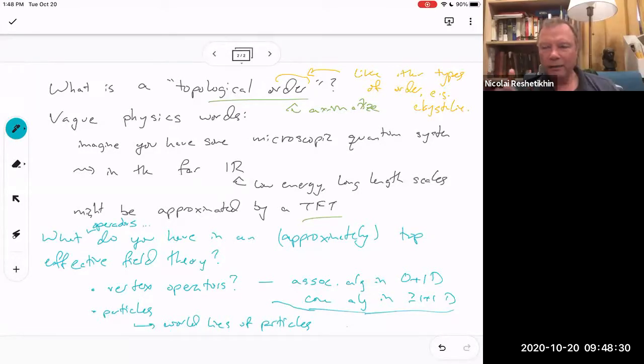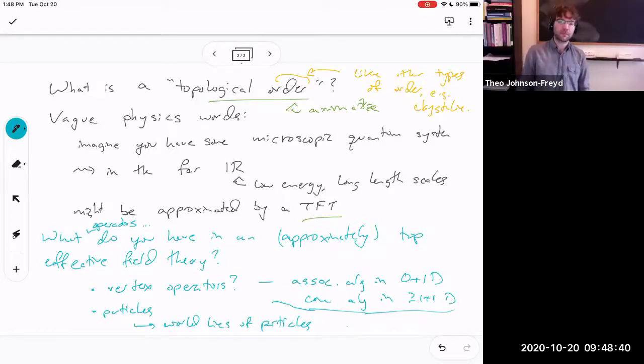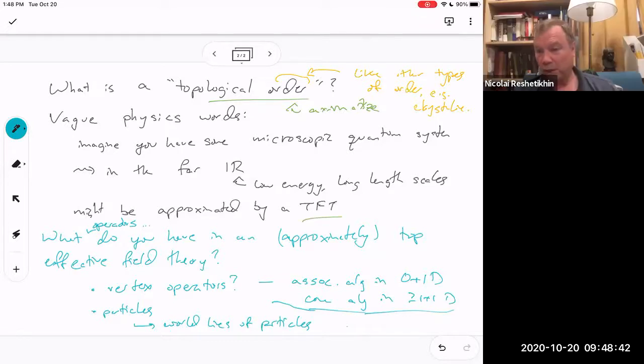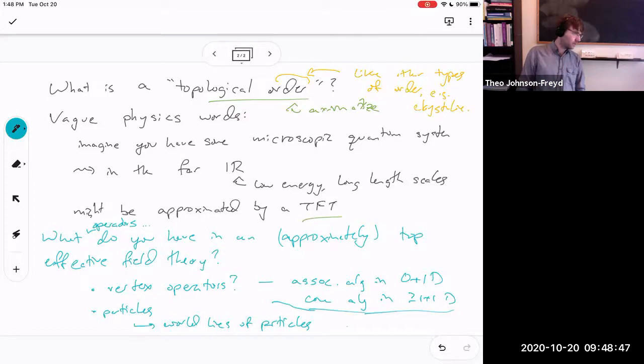Theo, I have a short question. When you say order, in solid state physics there is a notion of a phase. Yes. There is an ordered phase, a disordered phase. So it's the same thing? Yes. Well, what I was hoping to do was motivate a definition, or I could just give a definition.